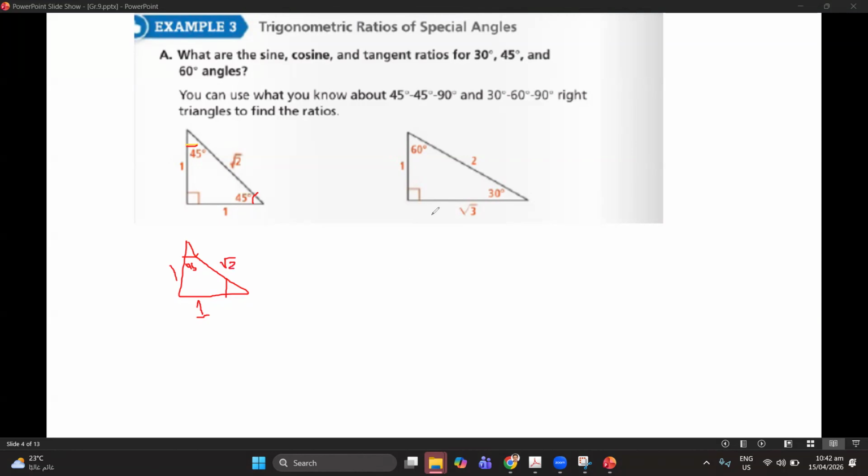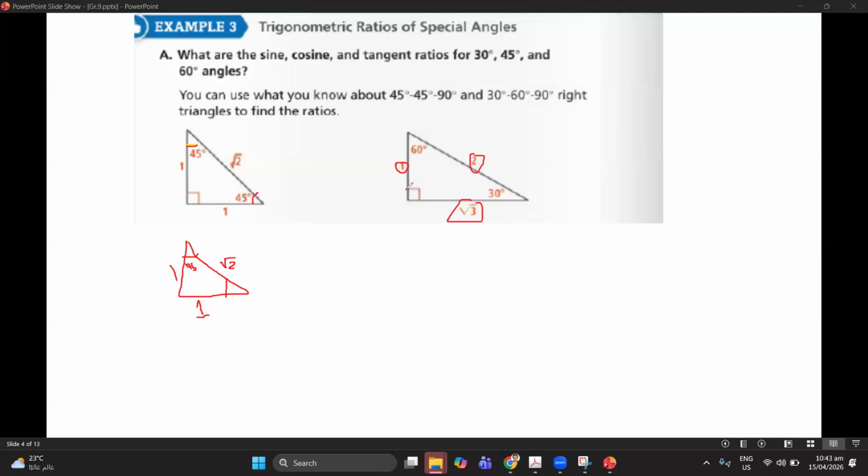The same happens with 30, 60, 90. If we assume that the side opposite 30 has length 1, the hypotenuse will be double it, which is 2 times 1. And the longest side will be x times square root of 3, which means 1 times square root of 3.